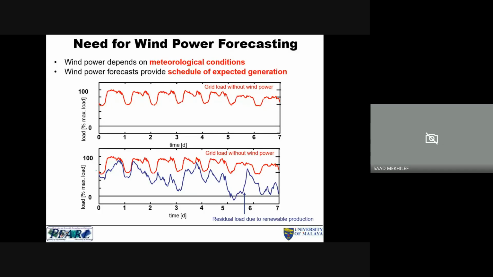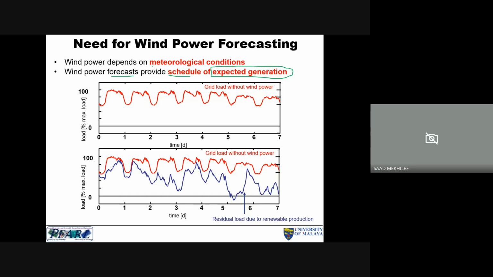The main reason for this wind forecast is to provide a schedule of expected generation, because this is the question to be answered: the expected generation, which we don't know.